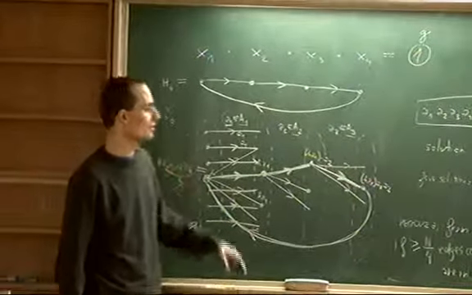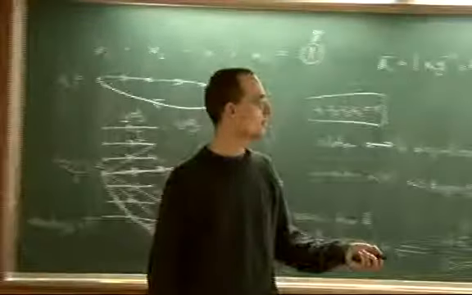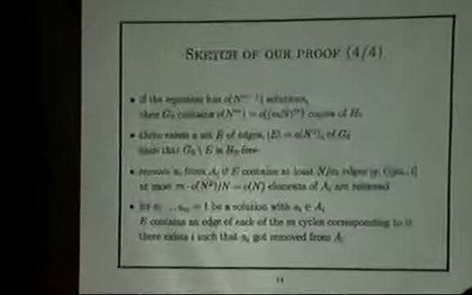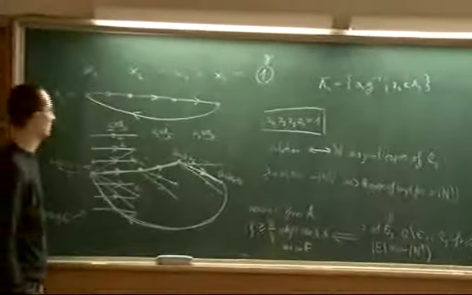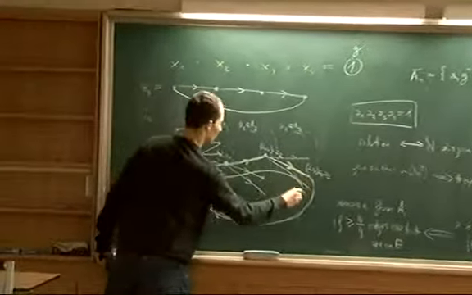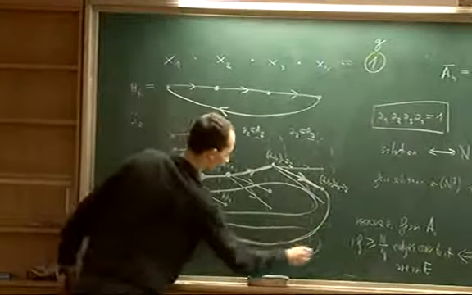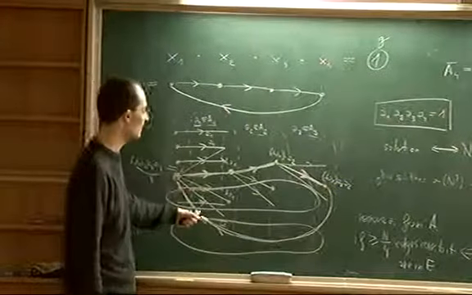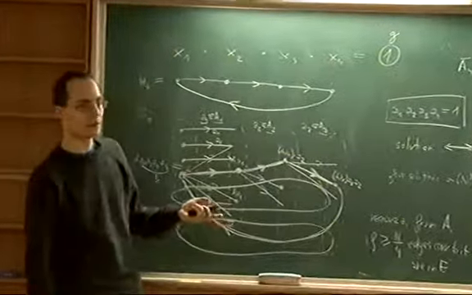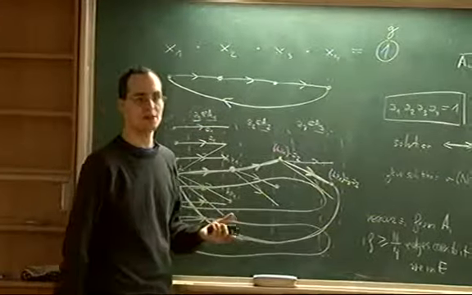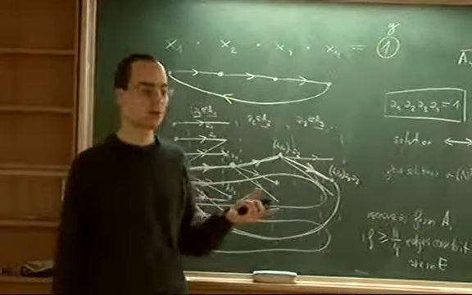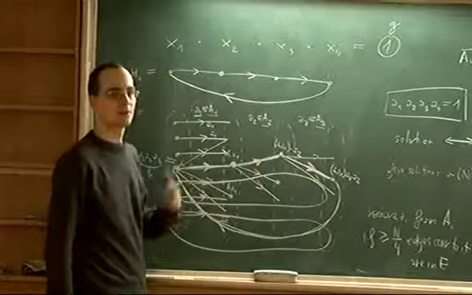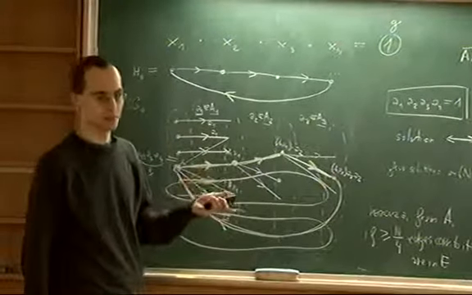There was no cycle of length 4 in the graph G0 minus E. So that means from each of these n cycles, at least one edge was removed. So I have n cycles corresponding to a solution, and from each of them at least one edge was in the set E, because none of them was in the final graph, and they were disjoint.